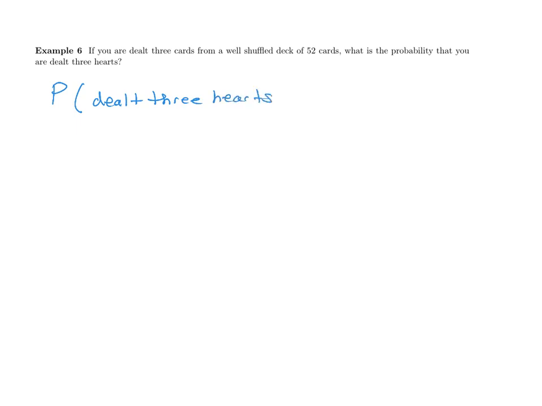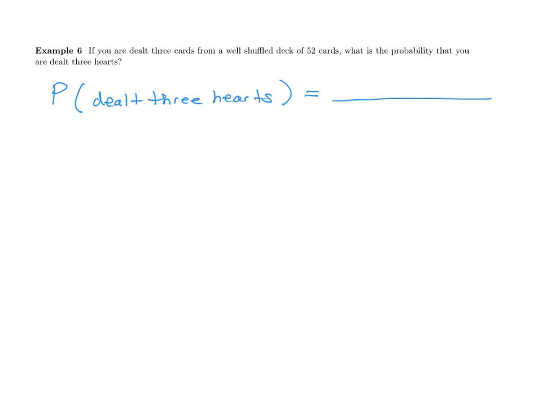It is okay to start here if you understand the fraction that you're looking for. In the numerator, this is going to be the number of ways that 3 hearts could be dealt to you. And then in the denominator, this is going to be the total number of 3 card hands that you can be dealt.